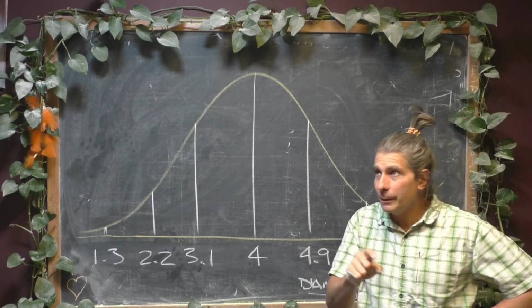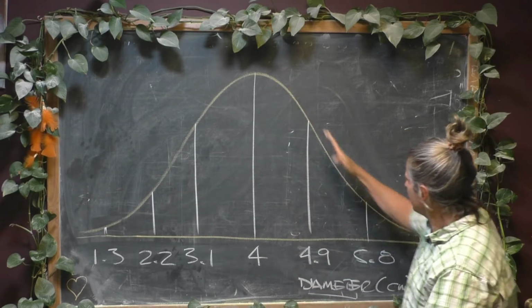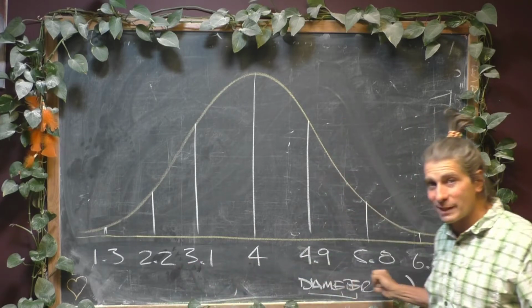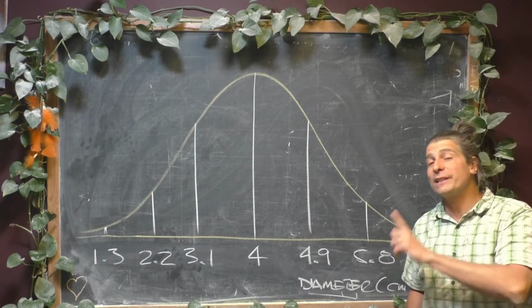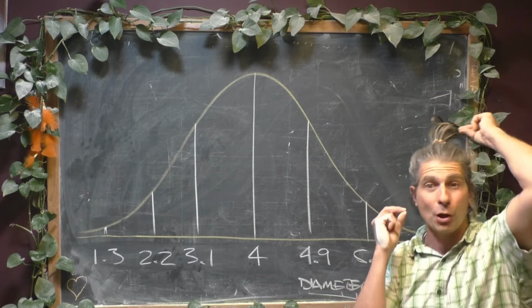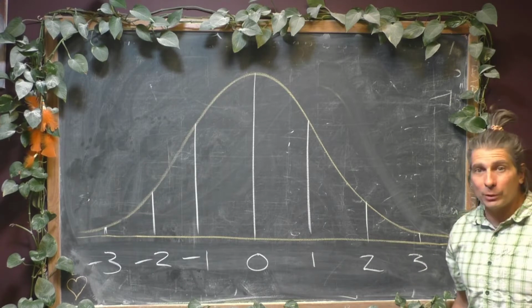In fact, to get around the fact that the curve is the same in all these situations, and the only thing that changes is the horizontal, statisticians come up with a really, really slick way of simplifying it. And this is the axis they use. All right! This is called the standard normal distribution.